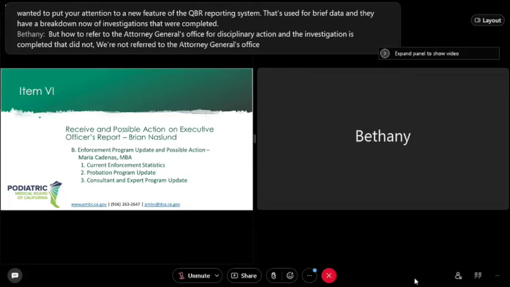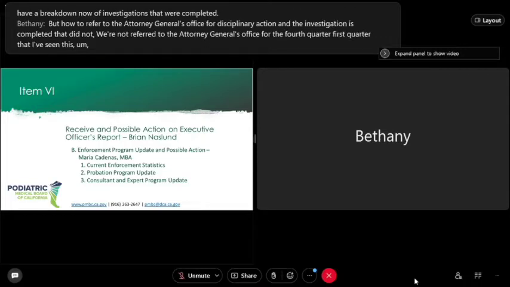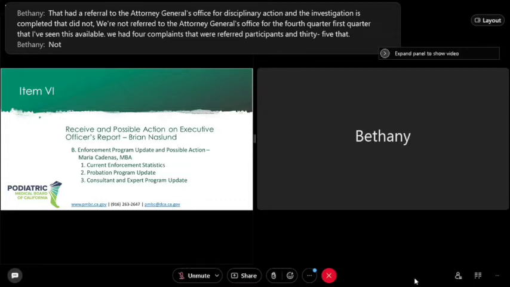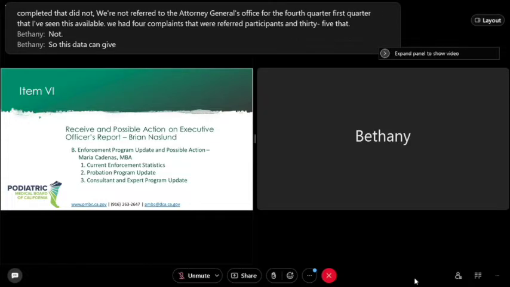For the fourth quarter, this is the first quarter that I've seen this available, we had 4 complaints that were referred for discipline and 35 that were not. So this data can give us an idea moving forward of how many of our cases are actually moving forward for discipline.